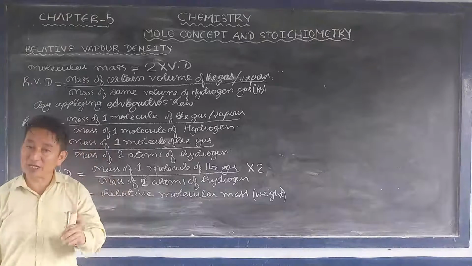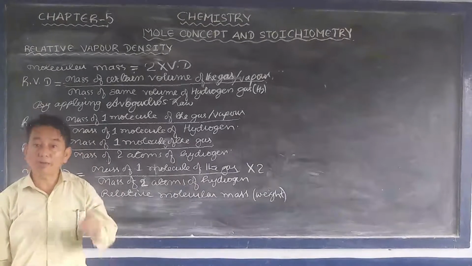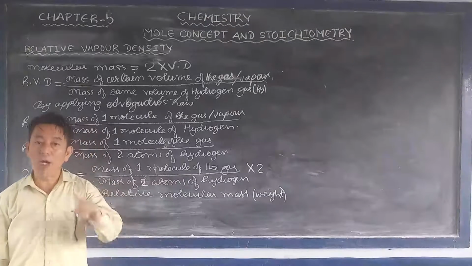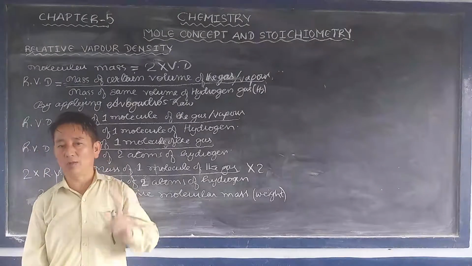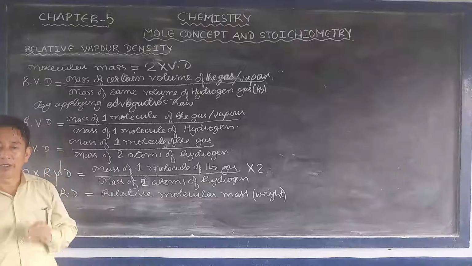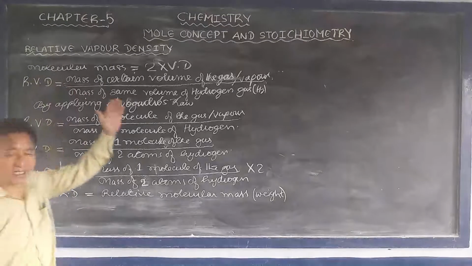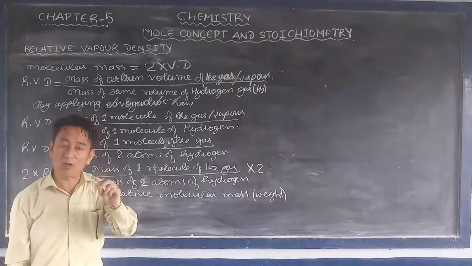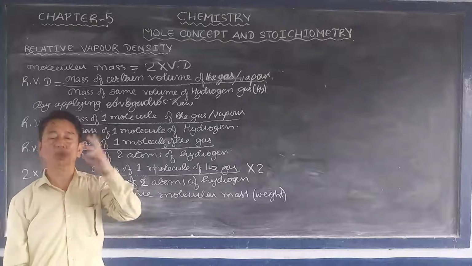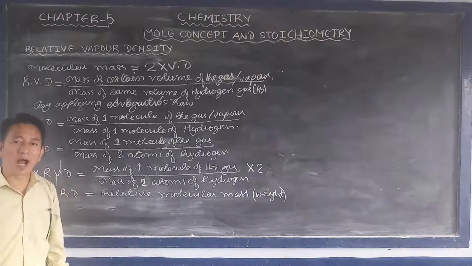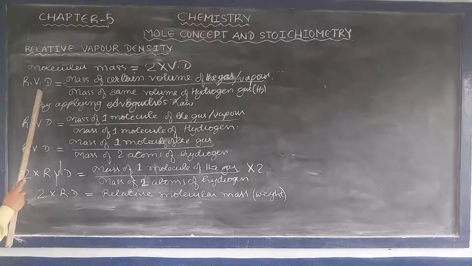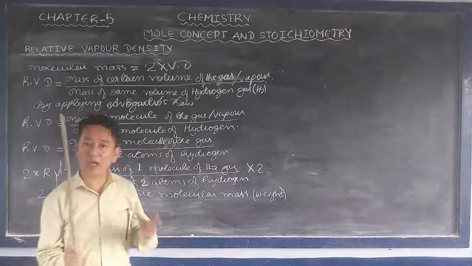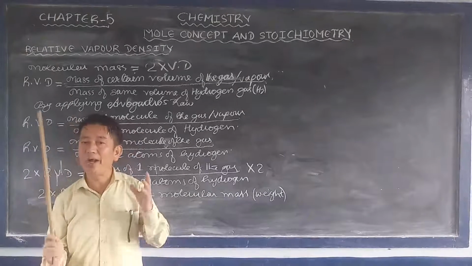The first one, relative vapor density. Relative vapor density is the ratio of the mass of a certain volume of the gas or vapor to the mass of the same volume of hydrogen. Now, what is the relationship between the molecular mass or molecular weight of the substance and vapor density?